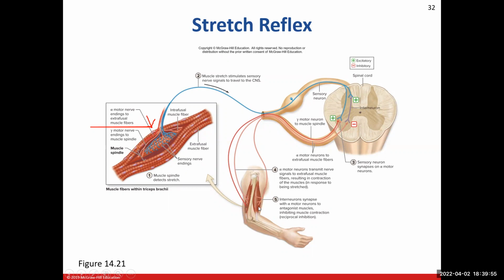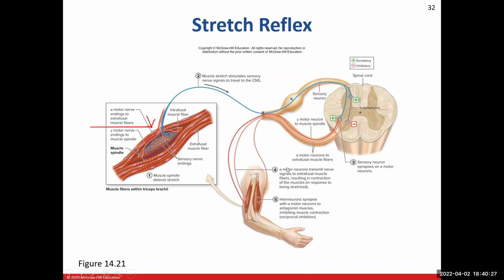Meanwhile, remember, we don't want the biceps brachii muscle to contract during this process. So that same sensory neuron is going to come in and excite our interneuron. And that interneuron basically has a binary choice. It can either excite the neuron that it's synapsing on, or it can inhibit the neuron that it's going to synapse on. In this case, it's going to inhibit the alpha motor neuron that's going to the antagonist muscle group.